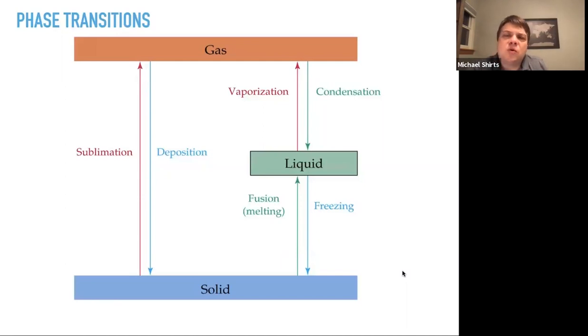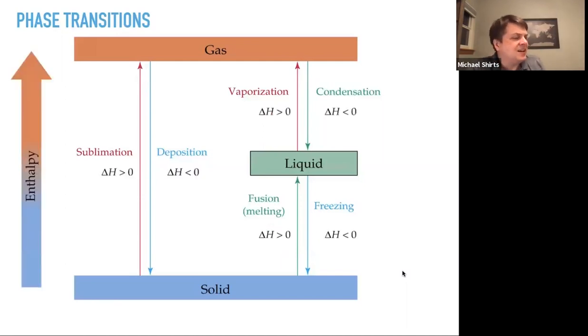And what you need to do in order to get from one phase to the next is change the energy of the system. In the case of sublimation, you're going from a relatively low energy state where the molecules are deep in their attractive wells. You need to pull them all out.